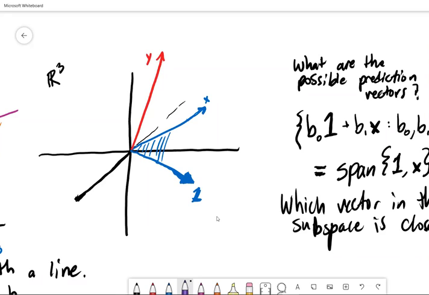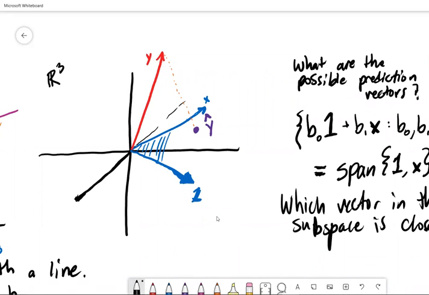Technically, the best term is orthogonal projection. When someone says projection, they usually mean orthogonal projection, but there is something called oblique projection. So I'm always going to hopefully use the term orthogonal projection. You need to go orthogonally down and hit this span, and let's call the resulting prediction vector y hat.